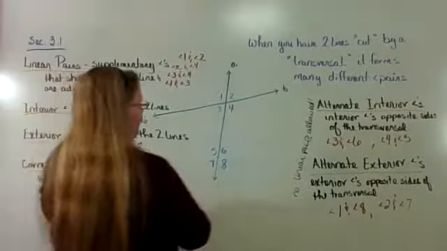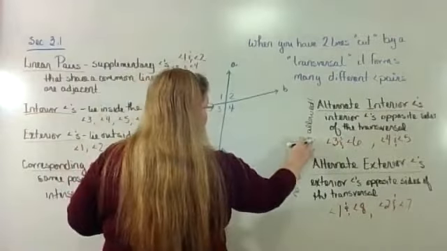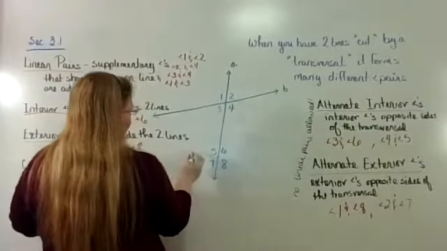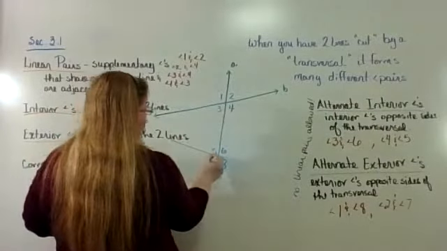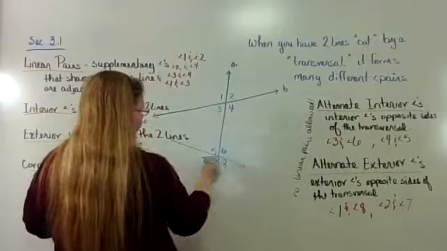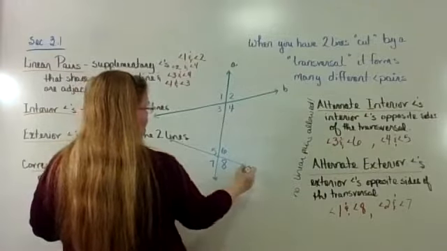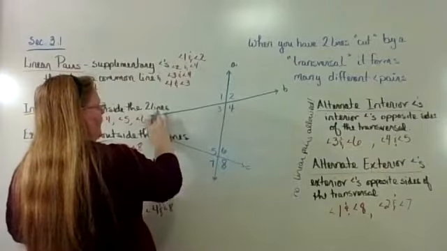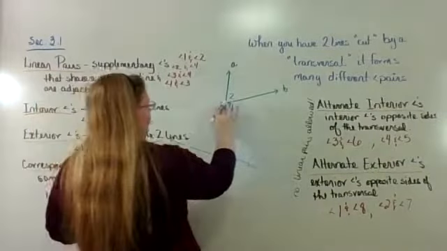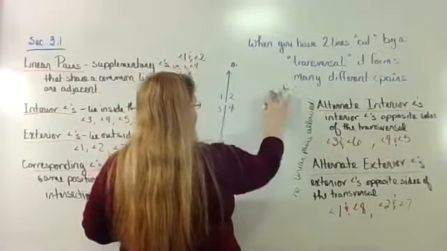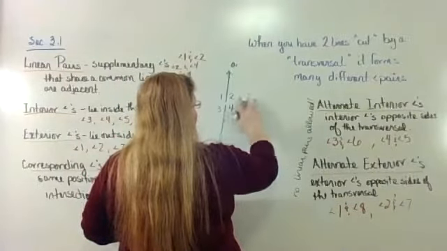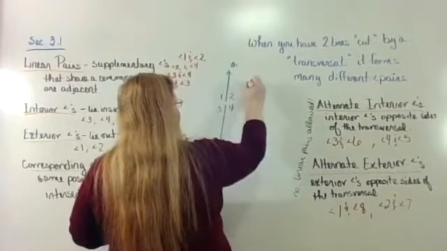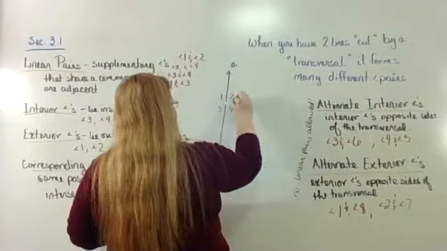My C could look like this instead of being up here. That could be C. And technically, instead of B looking like that, B could look like this.